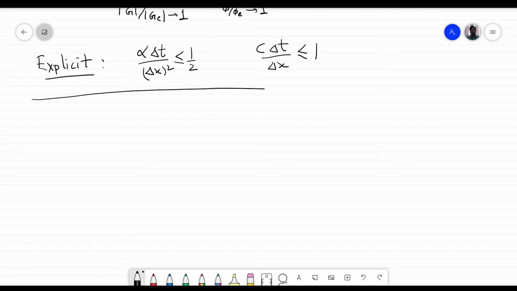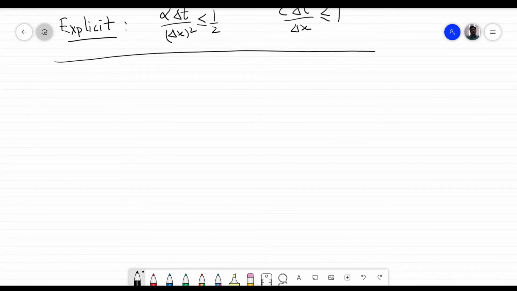Now let us see how to solve implicit equations. So let us take the example of a heat equation. This is a one-dimensional heat equation, alpha being the thermal diffusivity.